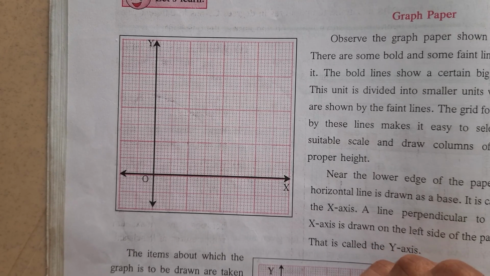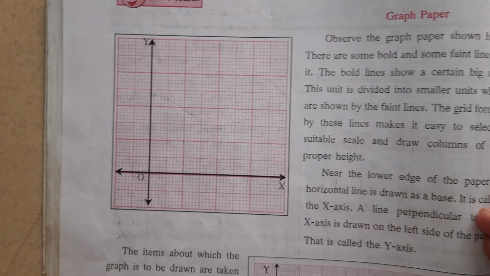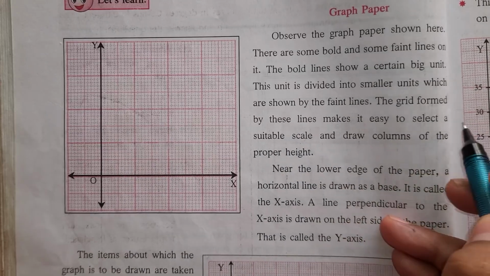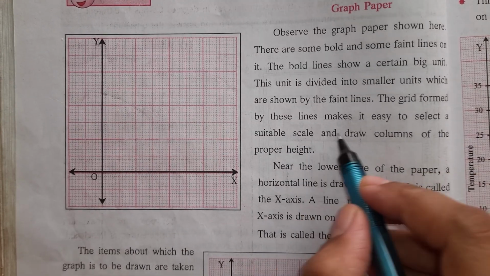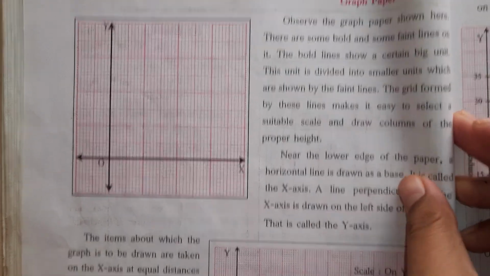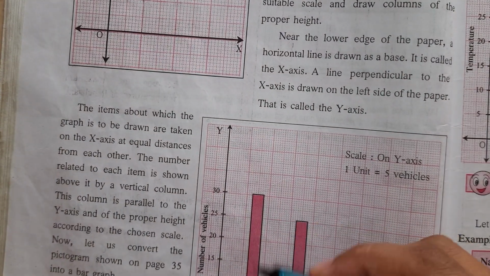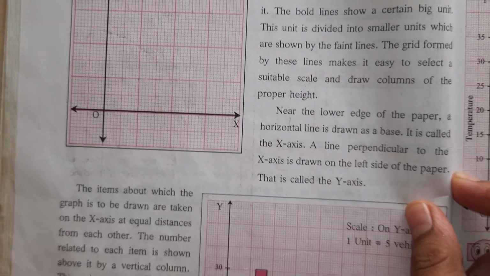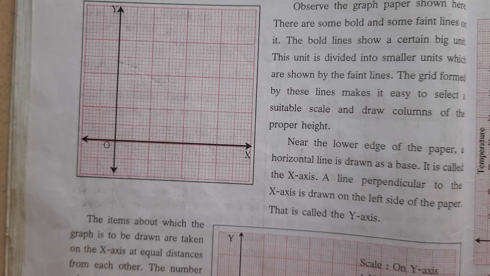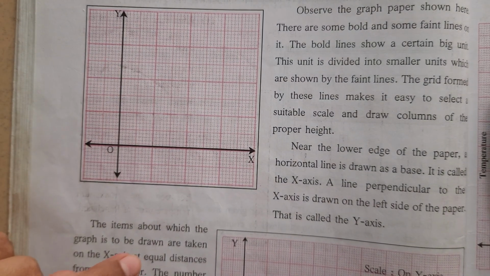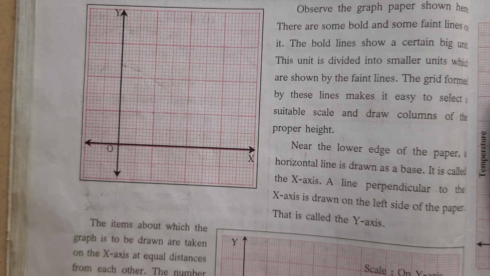That scale we can select easily. The grid formed by these lines makes it easy to select a suitable scale and draw columns of the proper height. So we are going to draw columns, means rectangular bars, for showing the given information. Due to these boxes, it is very easy to draw the rectangular bars.